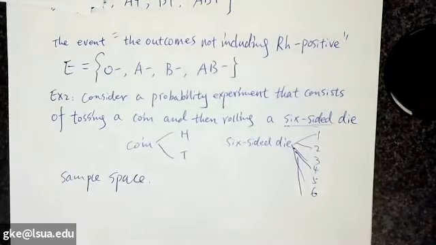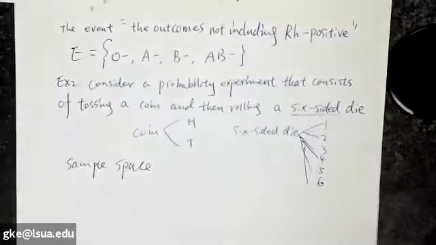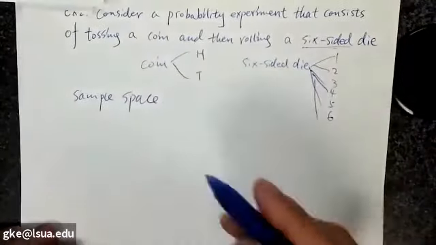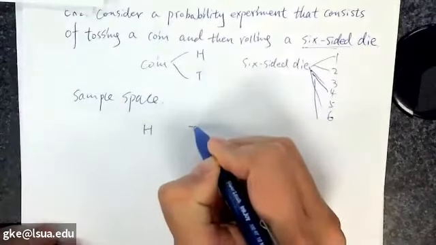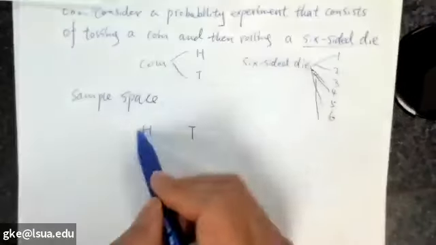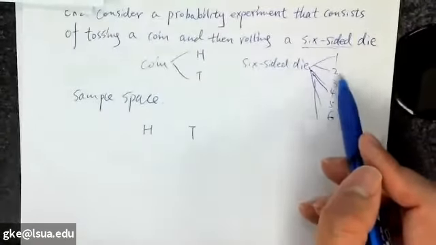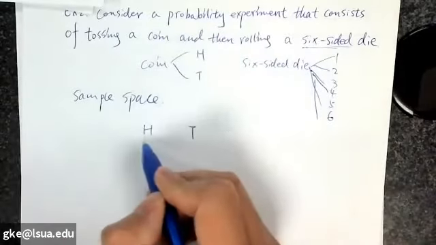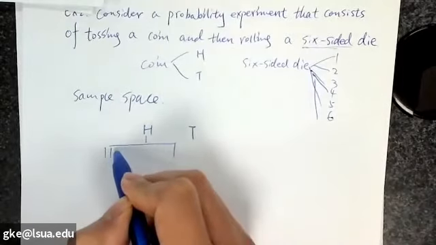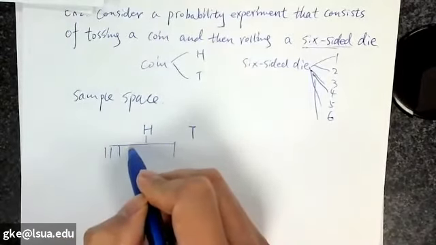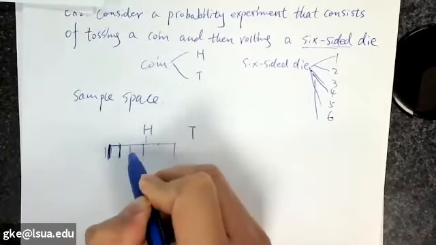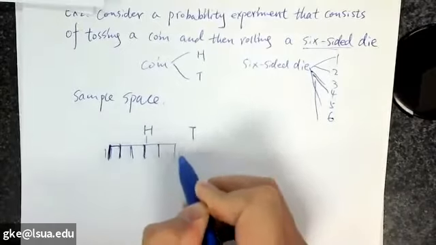Okay, I'm going to write down the answer on the board. Let's draw the diagram. We have H and T, the first case. For each case, H and T, we have 6 cases. So for H: 1, 2, 3, 4, 5, 6.